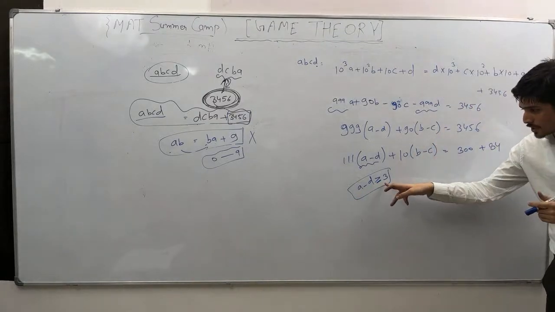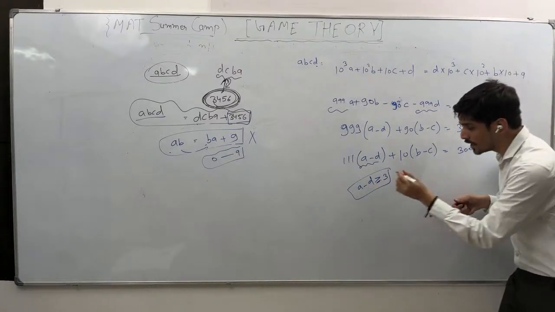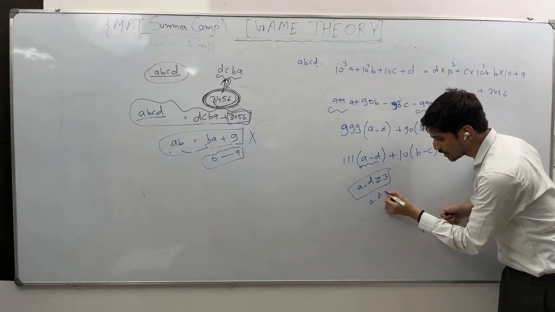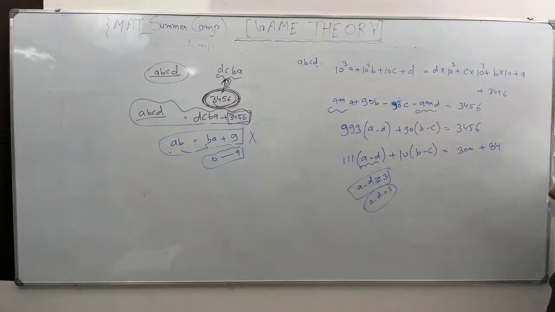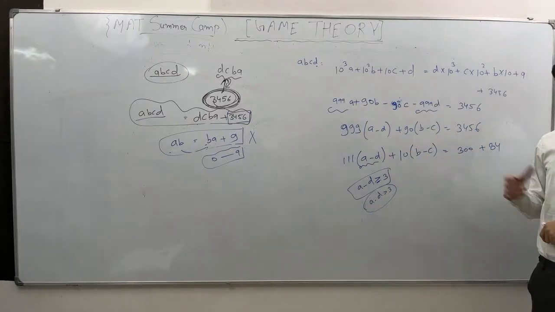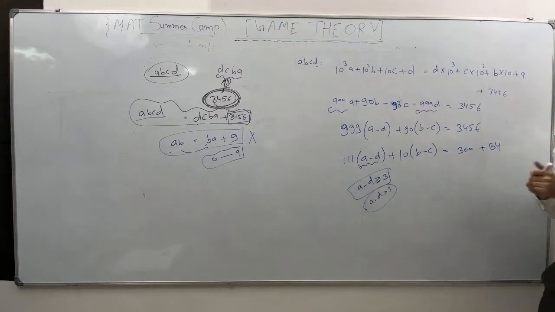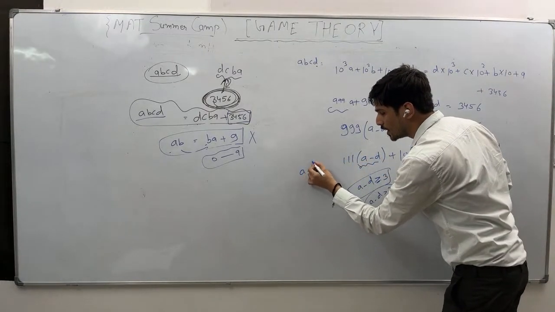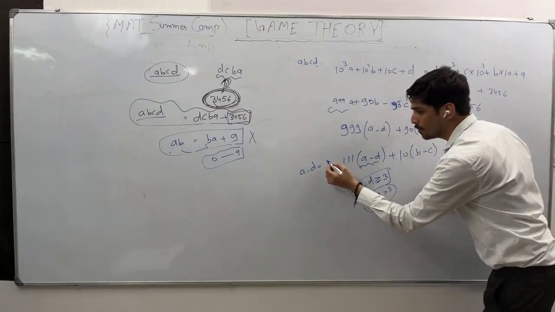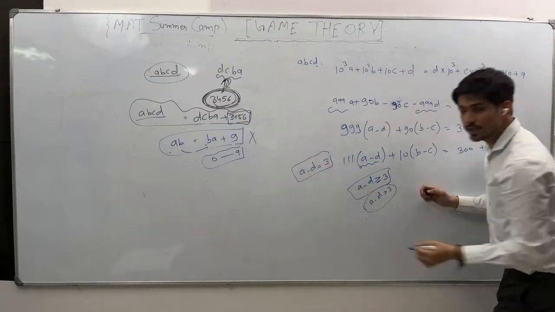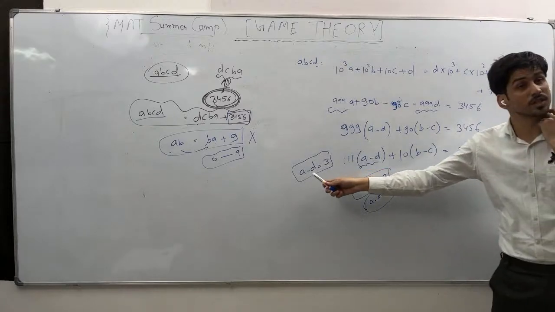If it is more, let's say if it's greater than 3, then what happens? Then A minus D will be 4. So it cannot be 4. If the difference is 4, then 444 will become here, but I need 300 only. So from here I can definitely say my A minus D is 3 only. First condition is clear. A minus D is 3.